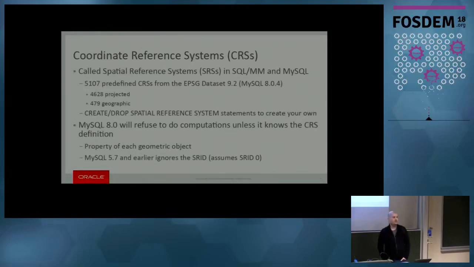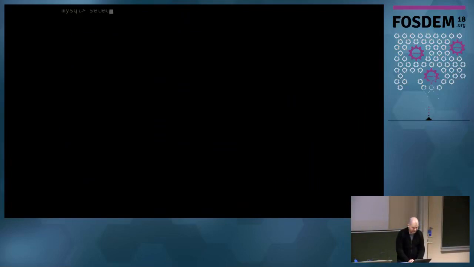MySQL supports several spatial reference systems now. We didn't before. This is the first version where we actually have a table of reference systems. I can show you this in MySQL. Can you read this?